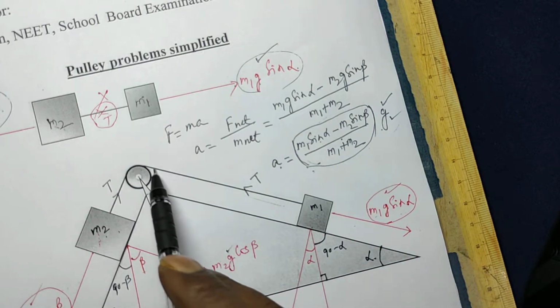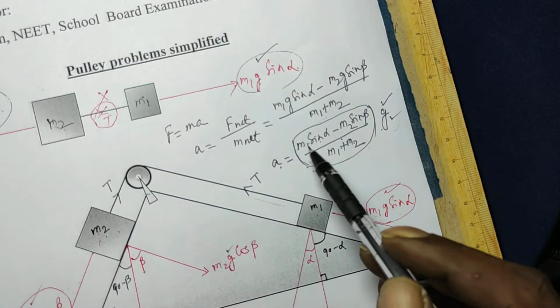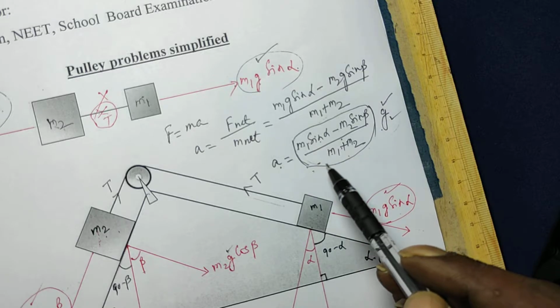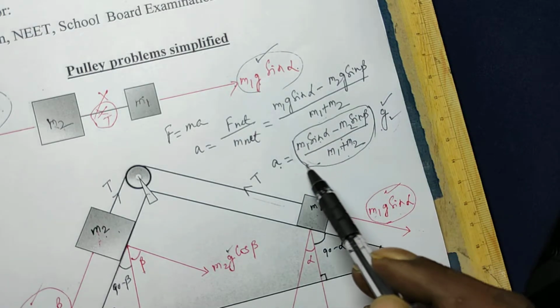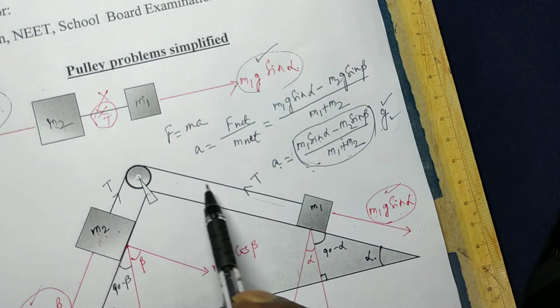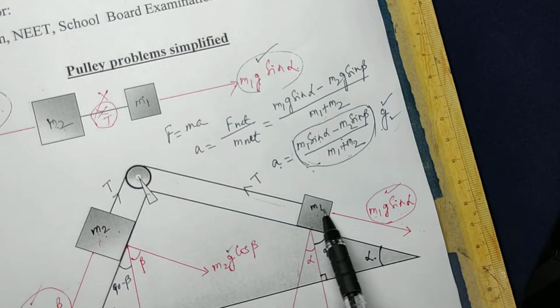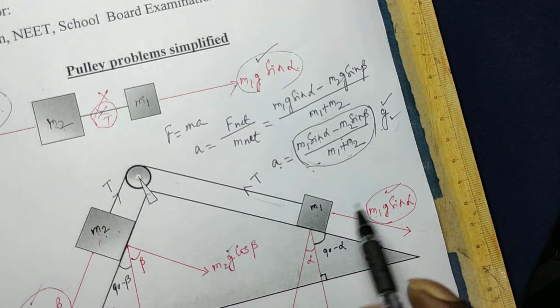Now, supposing the value of acceleration comes out to be negative, this means M1 is not coming down, M1 is moving up. That is to be understood.